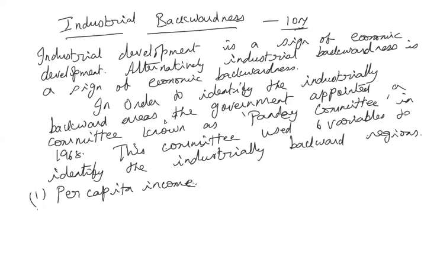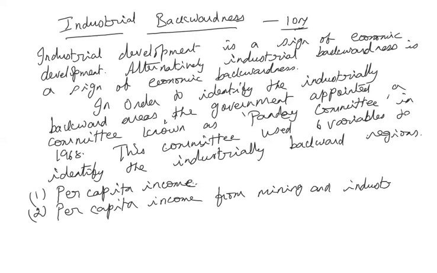And the second variable is per capita income from mining and industrial sources. First you identify which states have the high per capita income. After identifying those states, you check whether the high per capita income is from the industrial sector or from any other sector, such as agriculture.